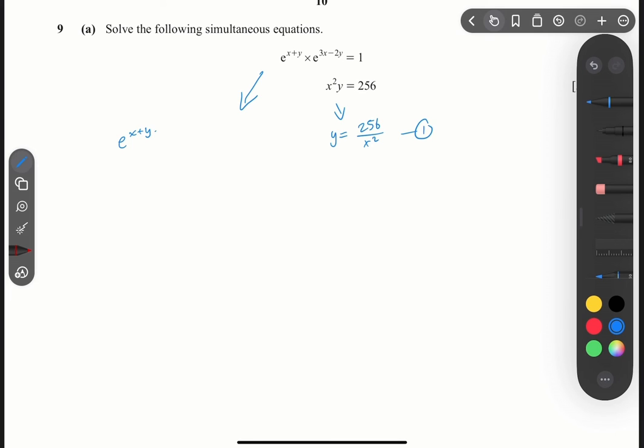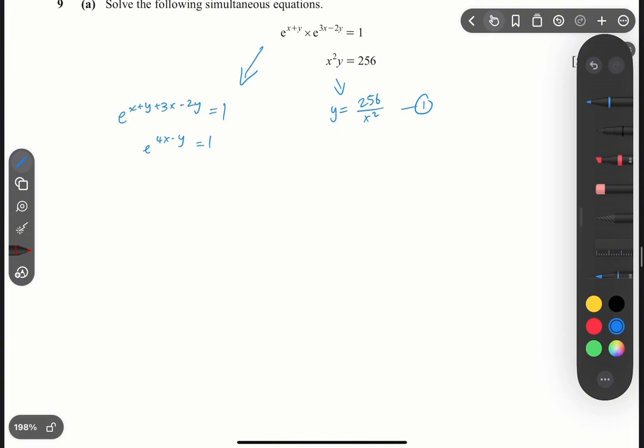Use the laws of indices to add both the e, and ln 1 will be 0, so y equals 2 for x.